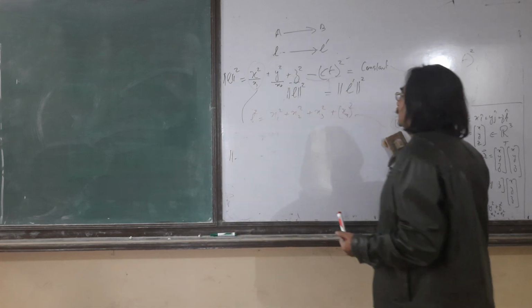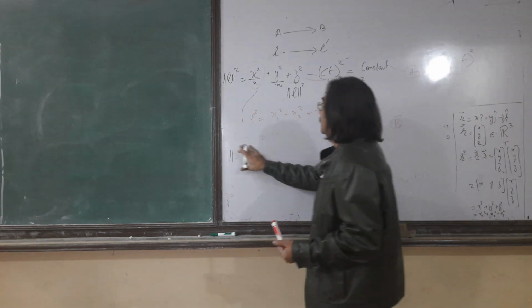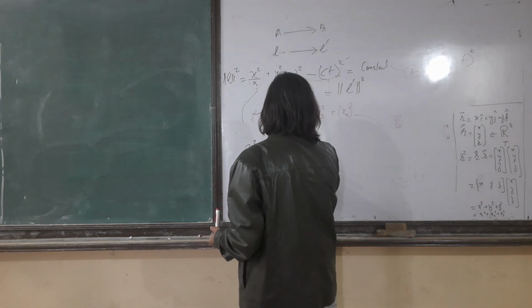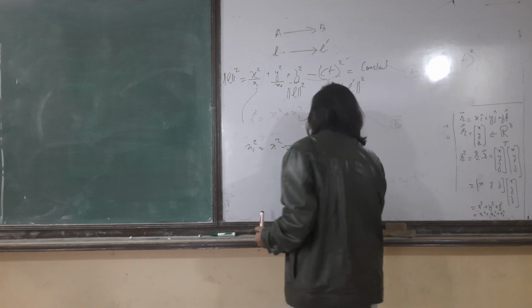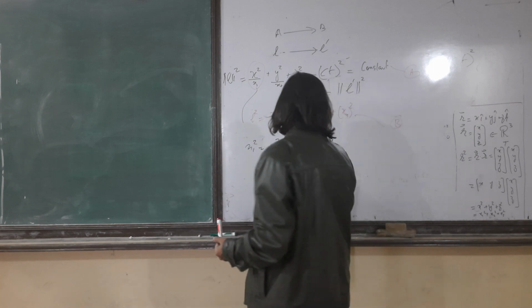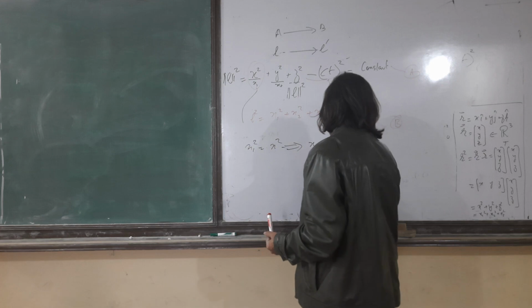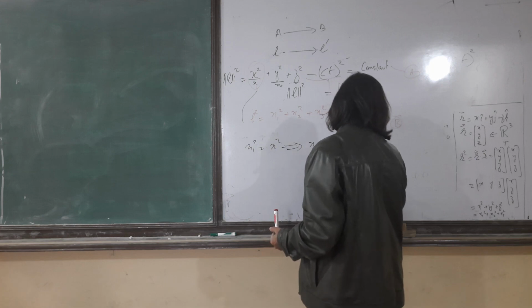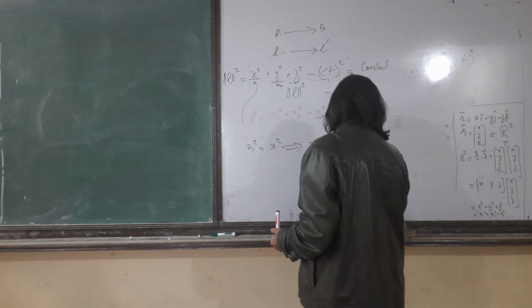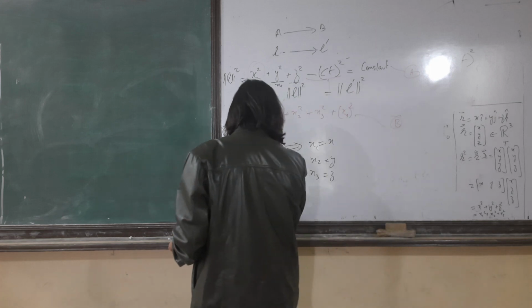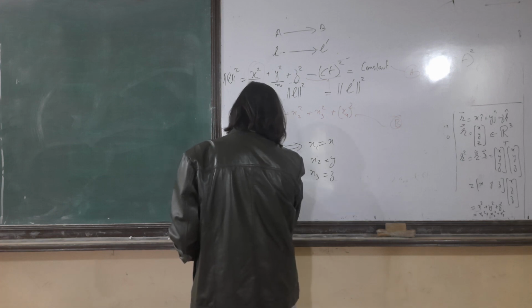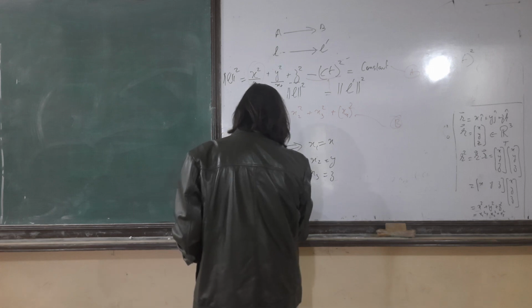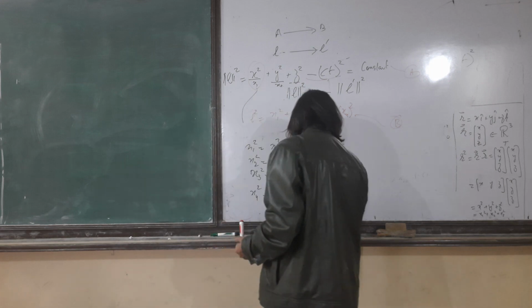If we compare them, then x1 square will be x square, which implies that x1 will be x. Similarly, x2 will be y, x3 will be z, and x2 square is equal to y square, x3 square is z square, x4 square is minus c square t square.